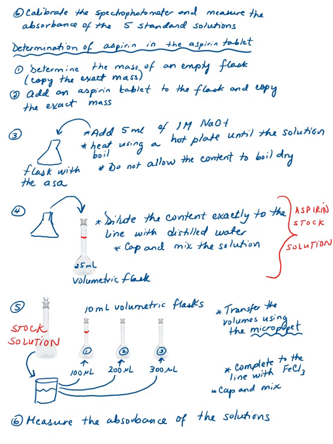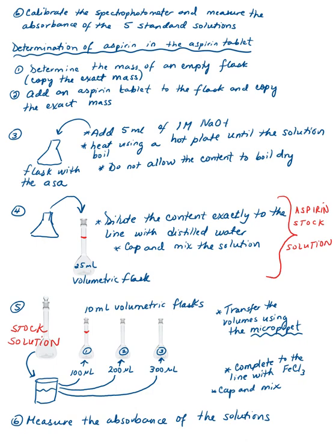So we're starting again with an empty Erlenmeyer flask. You're going to determine the mass of your empty Erlenmeyer flask. Now you're going to add an aspirin tablet into the Erlenmeyer flask. So you're copying the mass of the empty flask, and now you're copying the mass of your flask with the aspirin tablet in it.